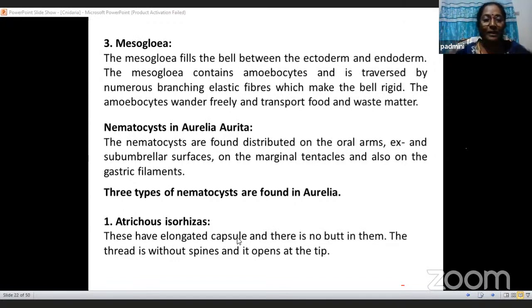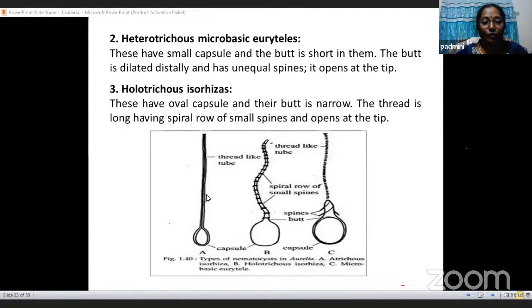So they don't have a butt, and the thread is without spines, and it opens at the tip. So this picture over here is an atrichous capsule. This is an oval shaped capsule with a long thread-like tube that opens outside, and they don't have spines on them. So that is the reason why they are called atrichous. A means absence of the spines.